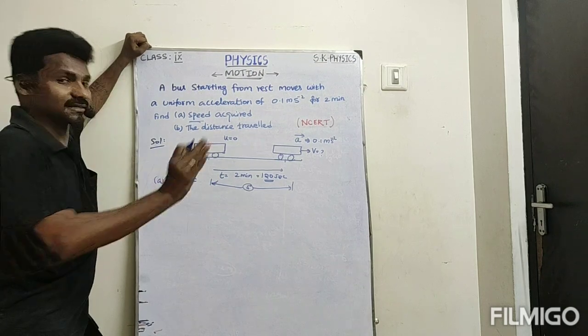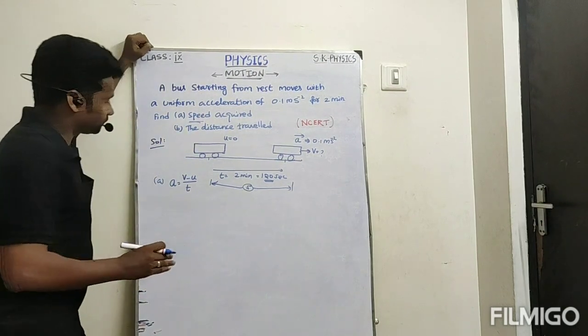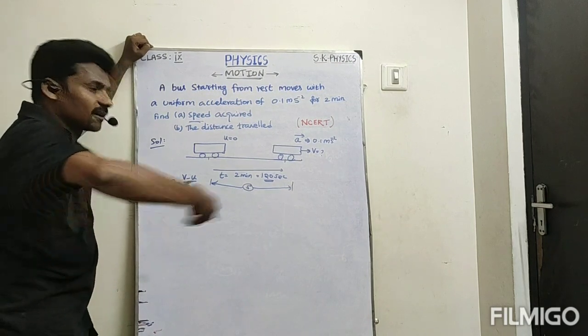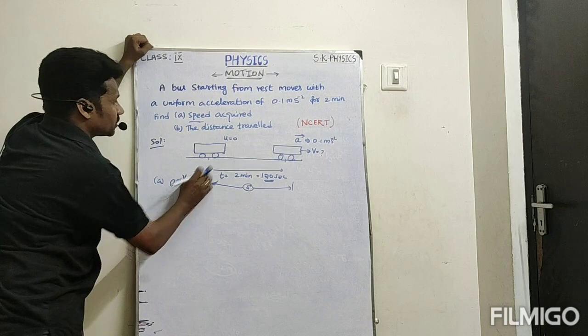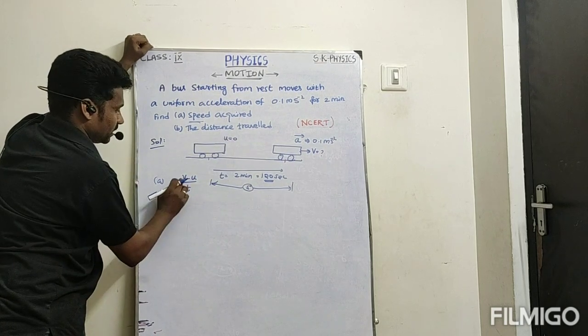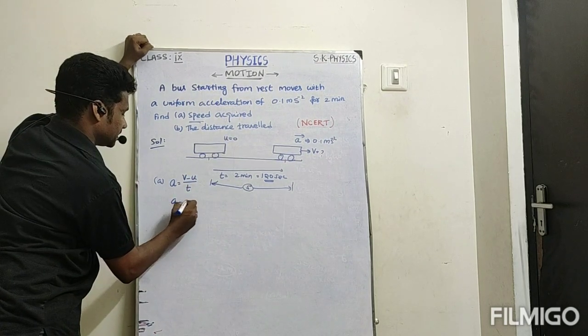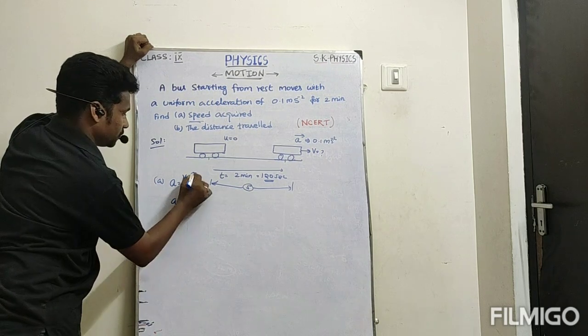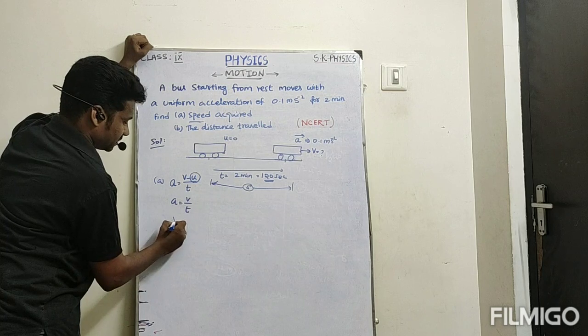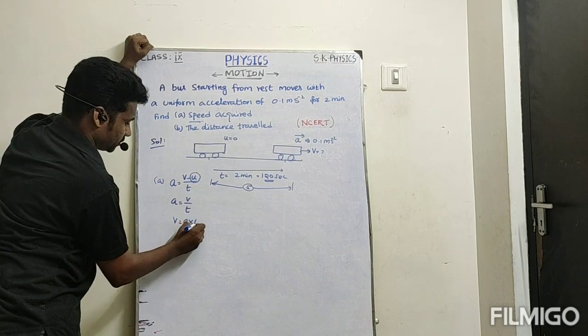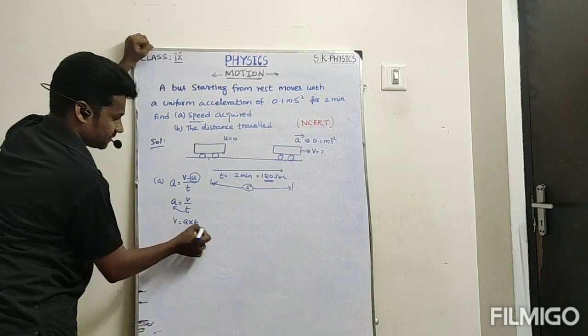Because it moves only in the forward direction, both will be correct. Now the initial velocity u is 0, only v is there. So a is equal to v by t, u value is 0, therefore v is equal to a into t.